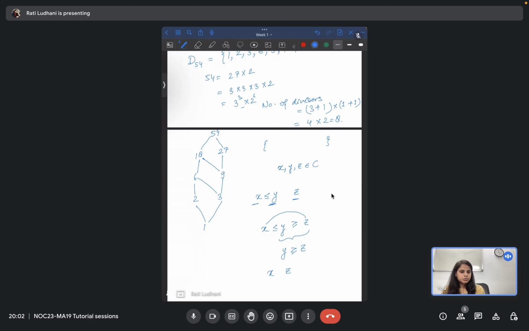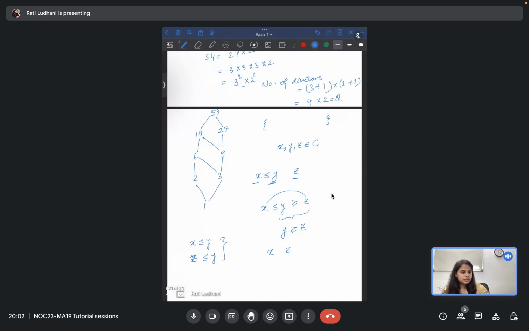But in that case, can you tell me what relation it should satisfy? You have x is less than or equal to y, and you have z is less than or equal to y. Can you tell which relation x and z should have in that scenario?